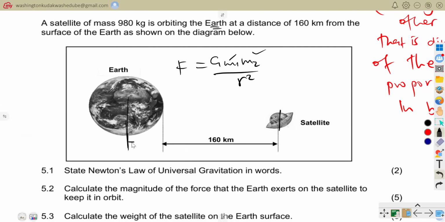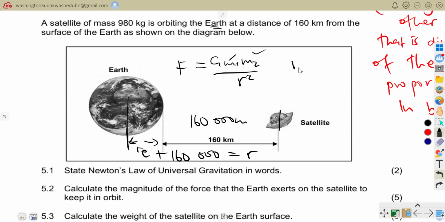I will need the radius of the Earth so that I can add it with this distance, which is 160 kilometers. 160 kilometers is the same as 160,000 meters. I will add it with the radius of the Earth. That becomes my R.